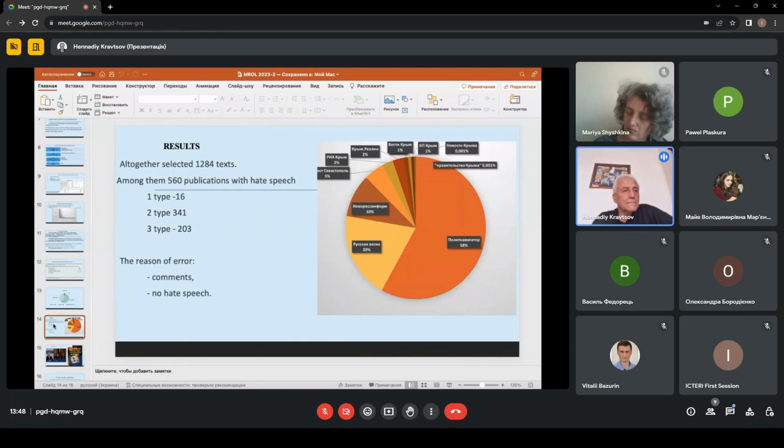And also some texts, approximately 1%, not much, really included these words, but without hate speech, because these words have a direct meaning. For example, down about people who are really ill with Down syndrome, or fascist in publications about some event of the Second World War.